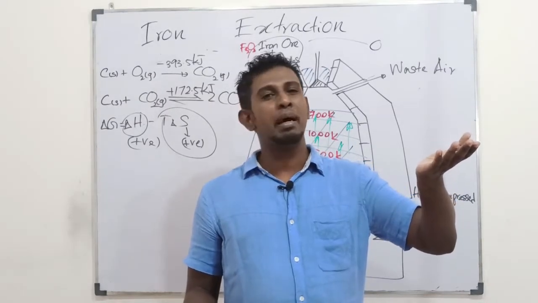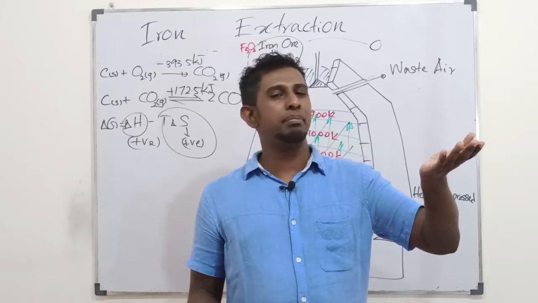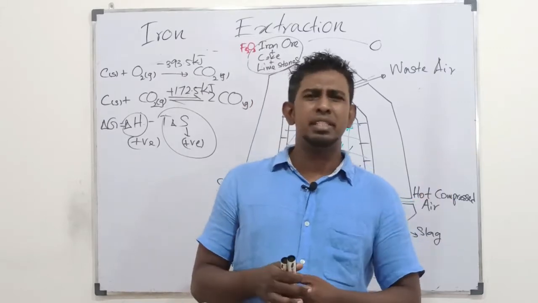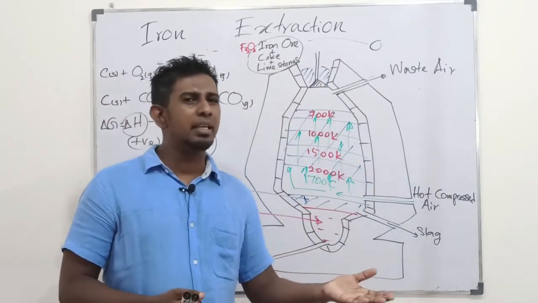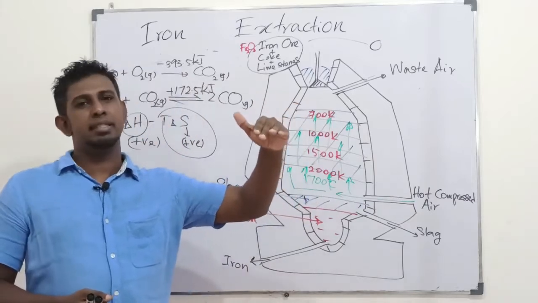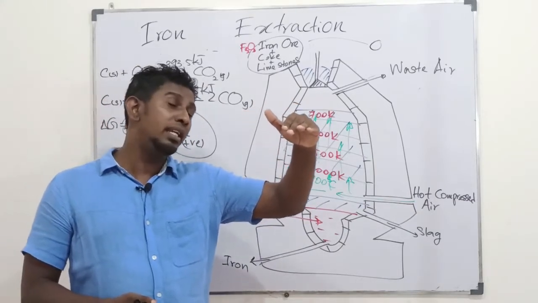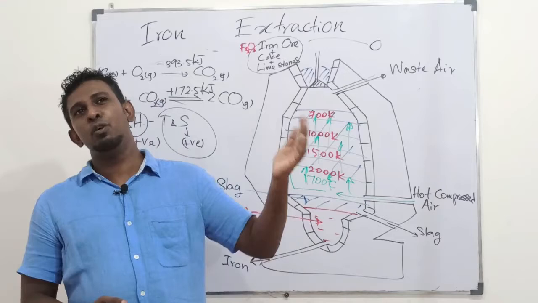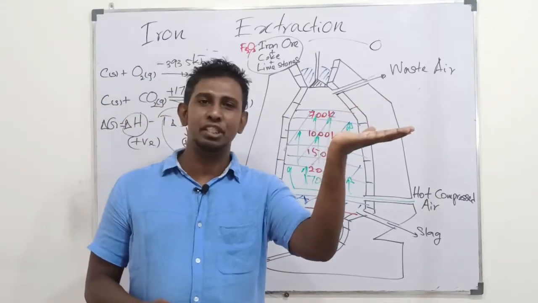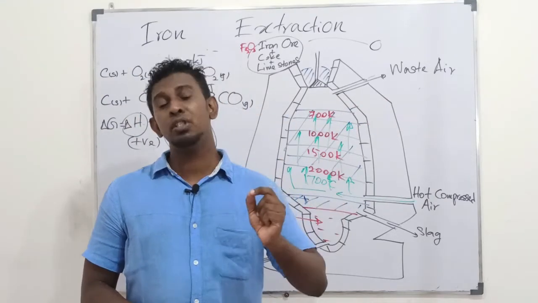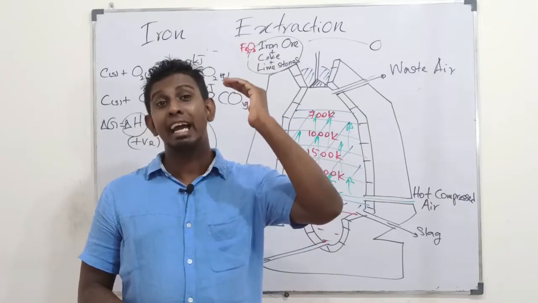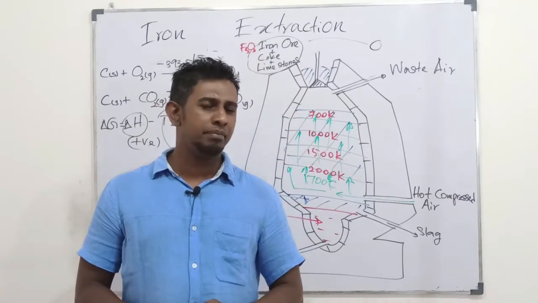The stability of carbon monoxide would be low at low temperatures. Compared to carbon monoxide, carbon dioxide stability would be low at high temperatures, as well as carbon monoxide stability would be high at high temperatures.